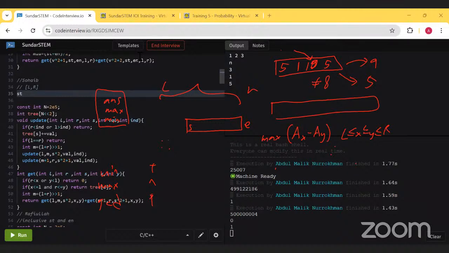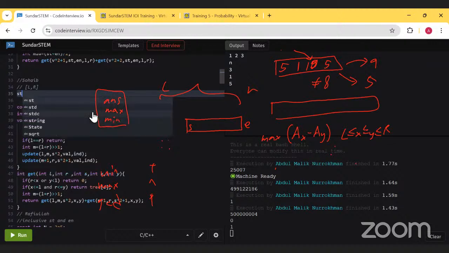That's right. But the idea is correct, so, but the formula... Okay. Then how to implement it?